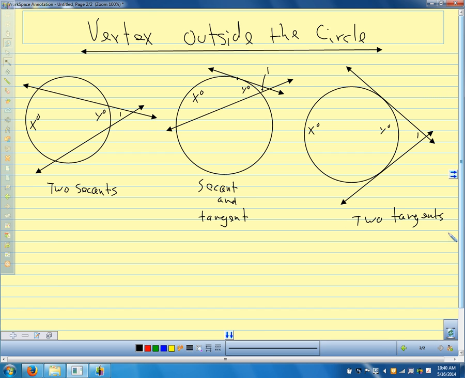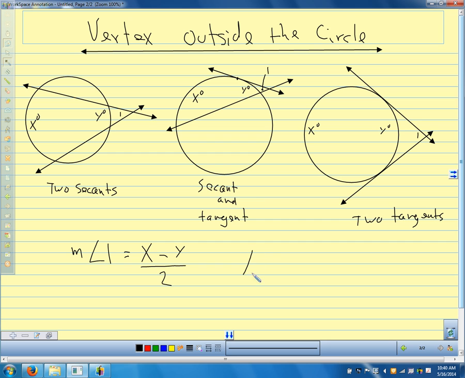All of these three ways are ways that we could have a vertex outside the circle where we have angles and arcs involved with our circle. We have one rule for all three of these ways. When our vertex is outside the circle, the measure of angle 1 equals x minus y divided by 2.